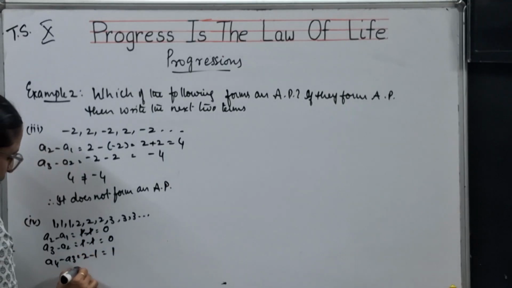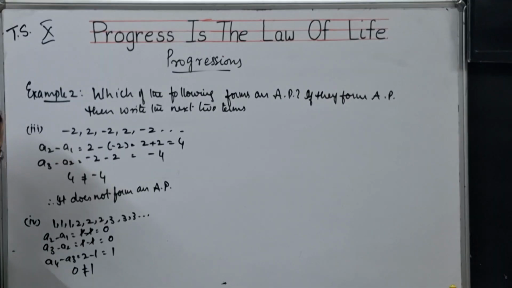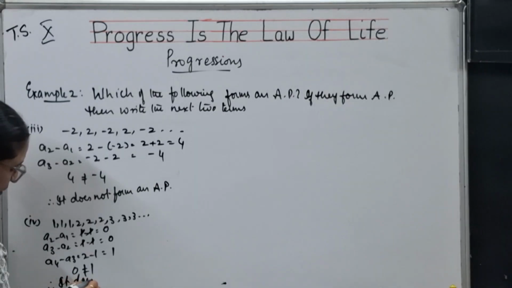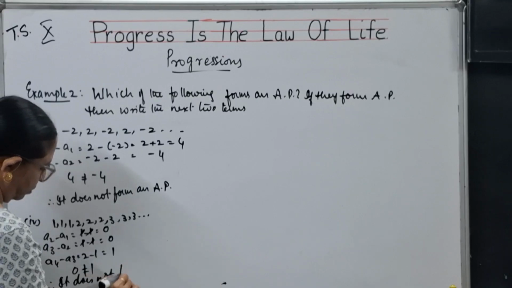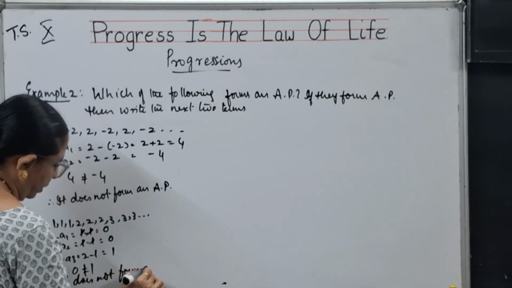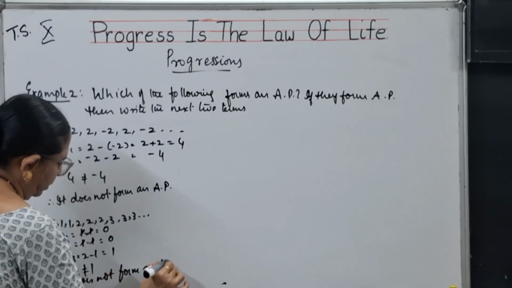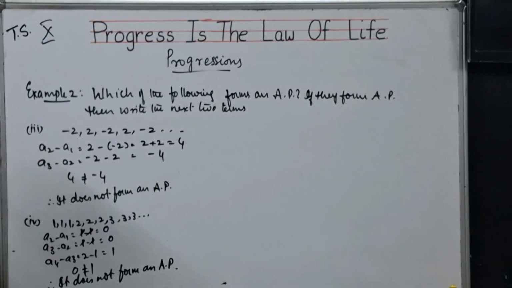So 0 is not equal to 1, therefore it does not form an AP. When they are not forming an AP, there is no question of finding the next two terms.